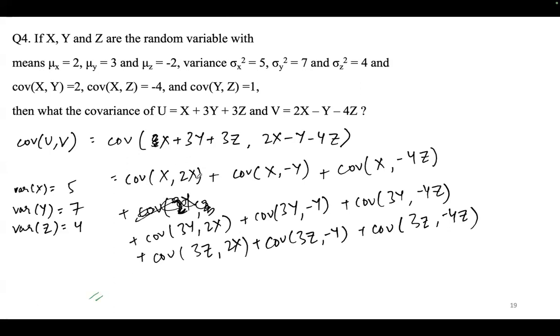So X and 2X. Can you tell me what would be the covariance of X and 2X from the given values? How are you going to find that out? Any idea?